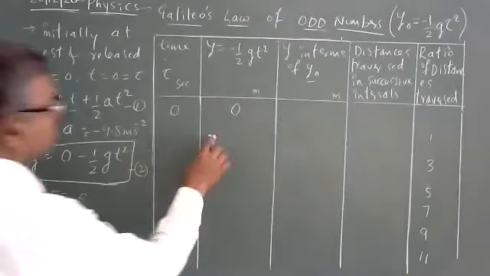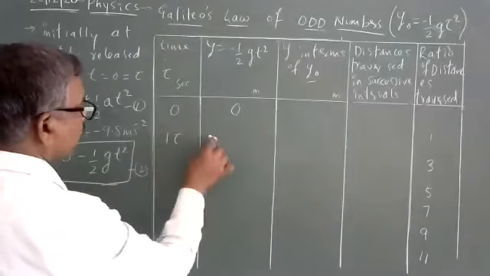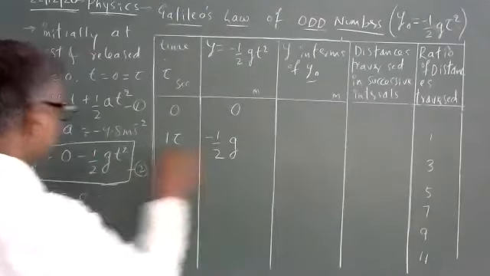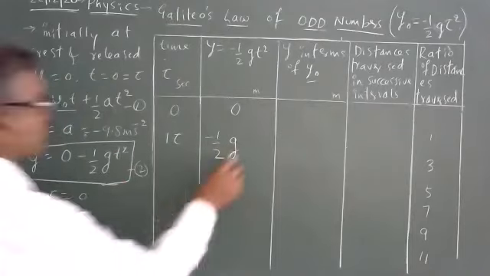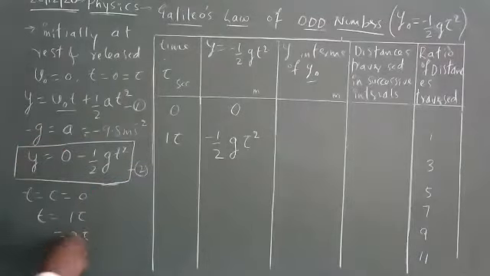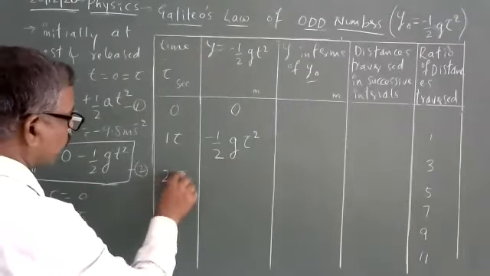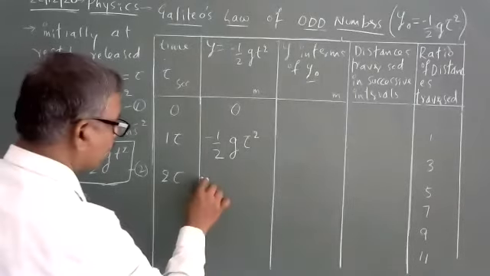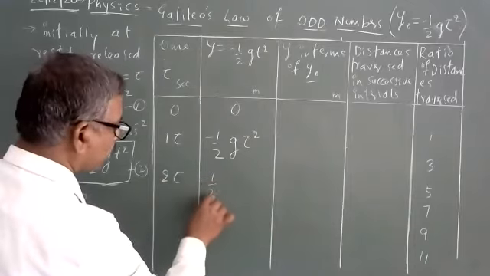First, if I put it here, time becomes 1 tau, it becomes minus 1 by 2 g, and this time becomes tau square. Next, it becomes 2 tau. When I substitute 2 tau in this formula, wherever t is there, t equal to 2 tau, I will get a corresponding value. It is minus 1 by 2.